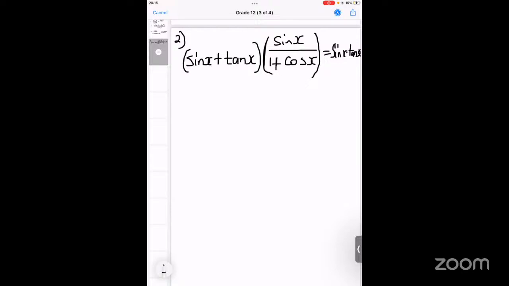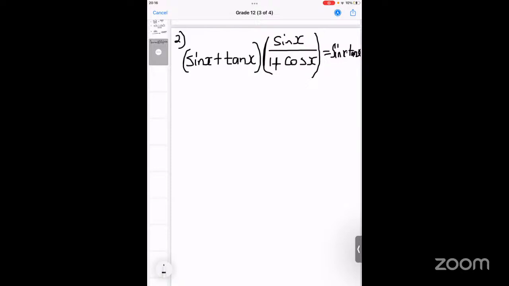Okay, so we're going to open the bracket: sine x plus sine x over cos x. Then we close the bracket and open another bracket.